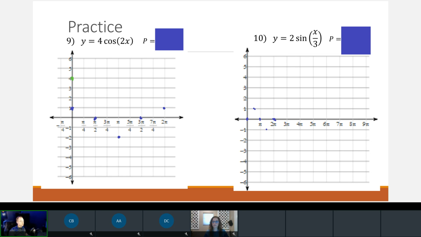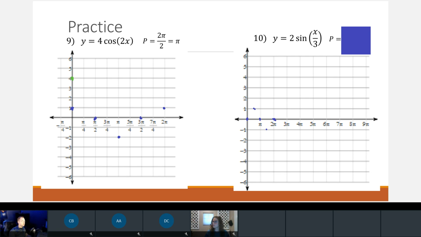The period. Everyone calculate the new period. Then go ahead and tell me in chat what it is. Oh, that's green? Oh, I thought it was yellow. Okay, cool. It's green. And the new period is pi. So that means it starts to repeat at pi.